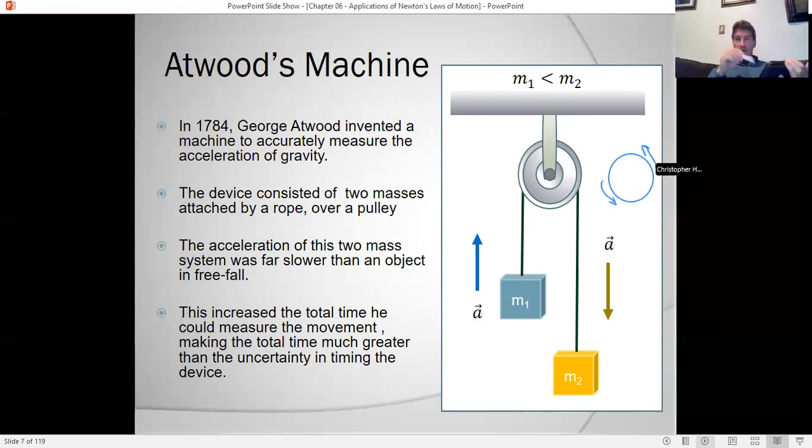So the balls rolling down his inclined plane would actually give an acceleration that's too slow given the angle, because some of the energy and some of the force was going in to actually make it roll.